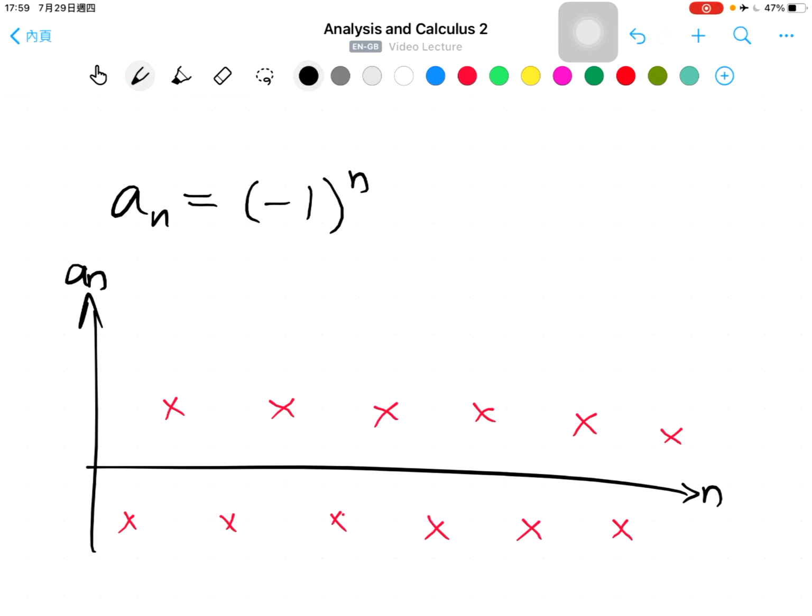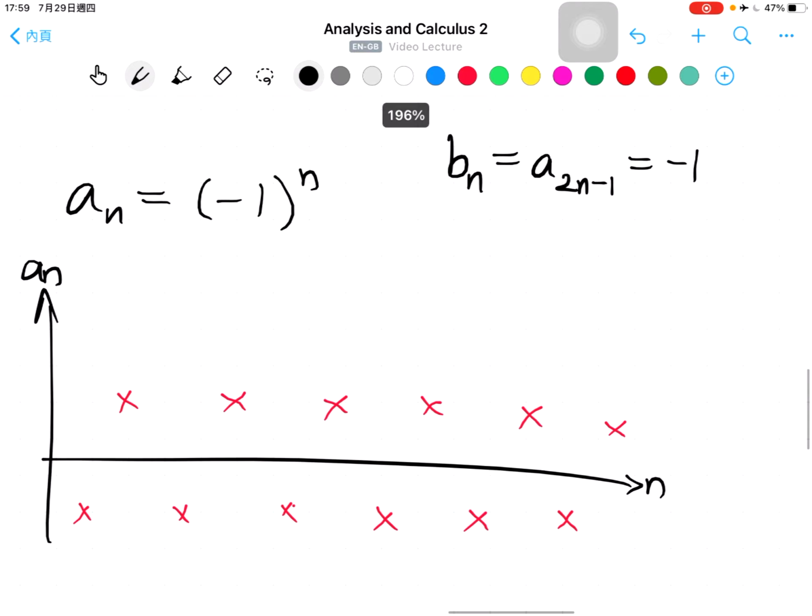If I take b_n as the odd number terms of this a_n, that means I'm going to take a_{2n-1}, right? Odd number terms. This means b_n is going to be -1. So if I'm taking the limit of this b_n, what is it going to be? The limit of b_n is definitely going to be -1, because every single term is -1. We don't need to prove any convergence or divergence. It's going to be -1 anyways, right?